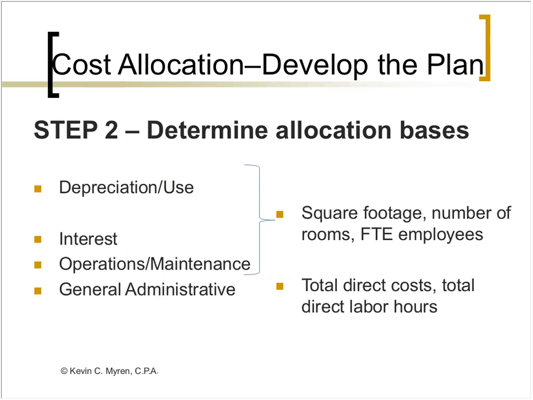Step 2, once you've determined the like costs that you're going to group together, is determine how you're going to allocate those costs. That's what's called the allocation base. So, for example, for things such as depreciation or use allowance, interest, operations, or maintenance, methods to allocate those might be square footage, number of rooms, full-time equivalent employees. General administrative expenses might be allocated on a base of total direct costs or total direct labor hours.